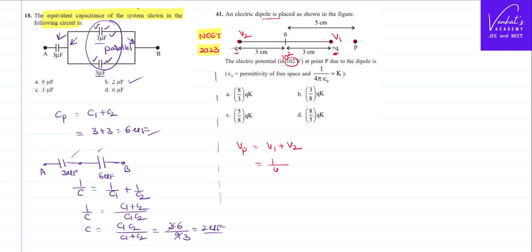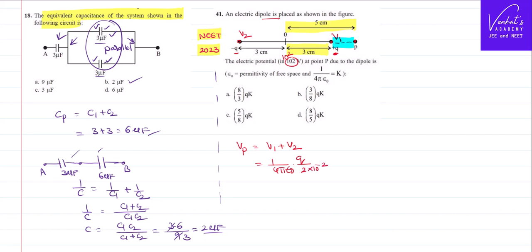Due to the first one, 1 by 4 pi epsilon naught q by this distance. How much is this distance? If you notice carefully, this total distance is 5. This distance is 3. So this distance becomes 5 minus 3, that is 2 centimeters. I have to convert that into meters, 10 power minus 2.